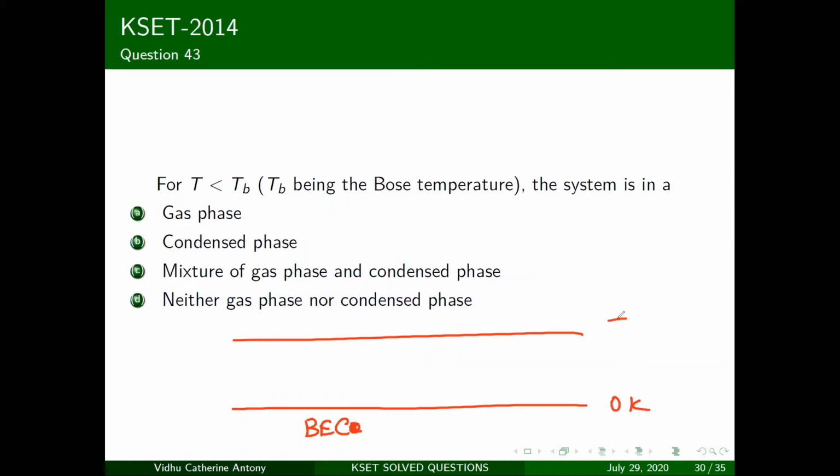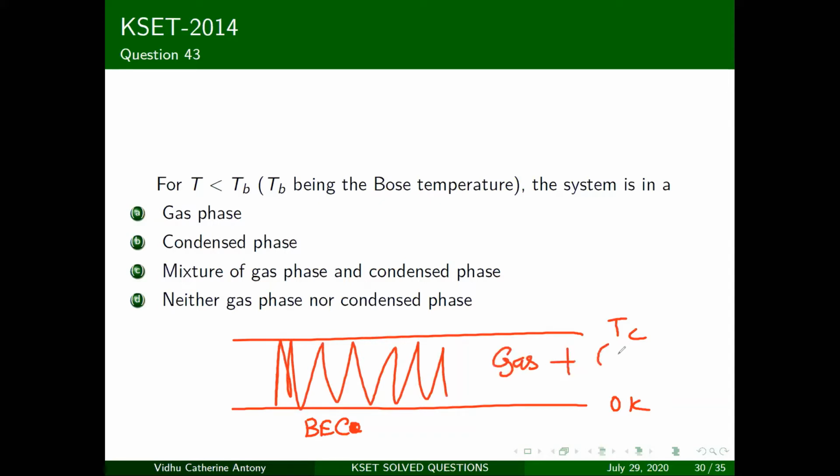Let me put that as TC, and that is your Bose-Einstein condensate temperature. In this temperature range, you're going to have both gas plus condensate, and then above that, you're going to have just gas.